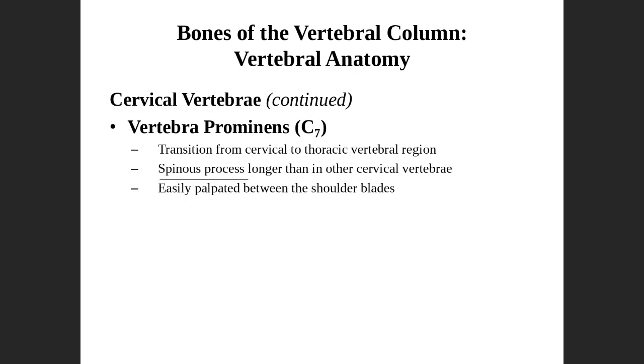Because what happens as we move from one region of the spine to another, the vertebrae in the lower portion of the cervical region start to take on the characteristics of the thoracic vertebrae.